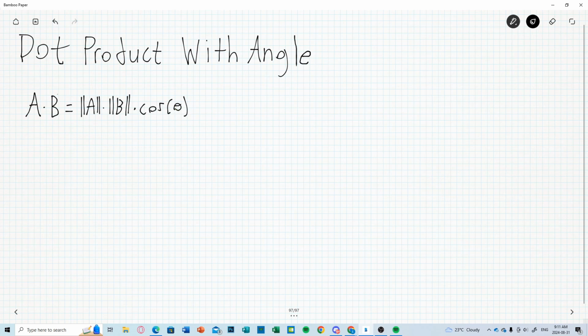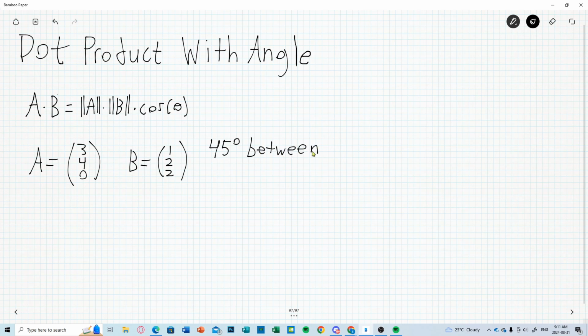We'll do an example where A is equal to 3, 4, and 0, and B is equal to 1, 2, and 2, and there's an angle between them of 45 degrees. Because there's an angle, we know we should use this formula rather than the other one.